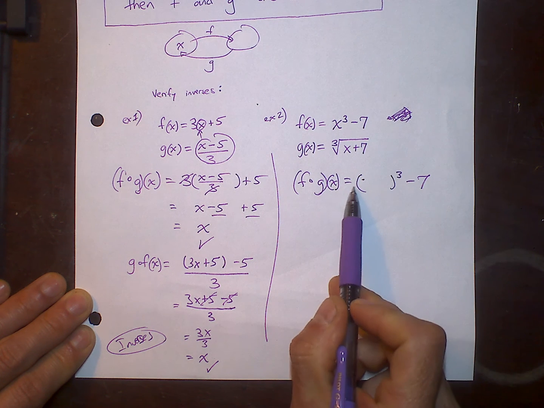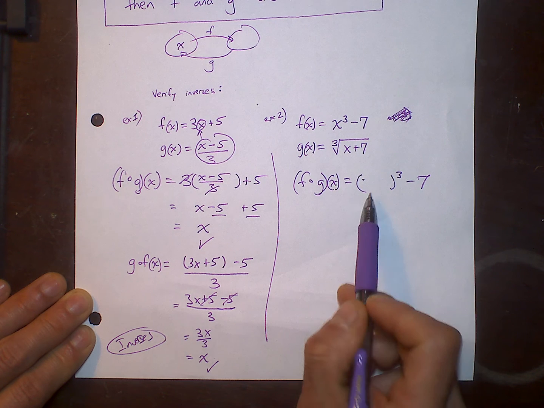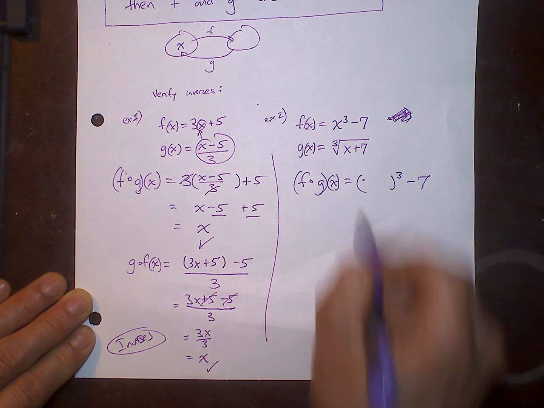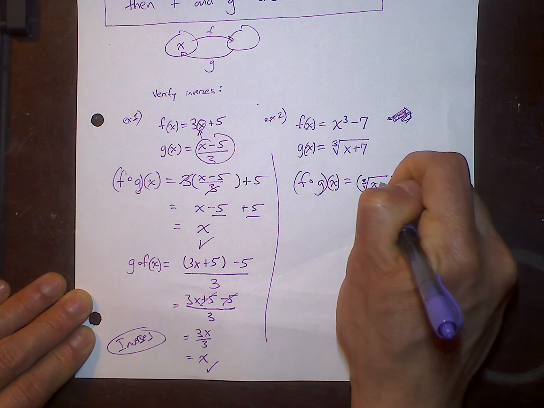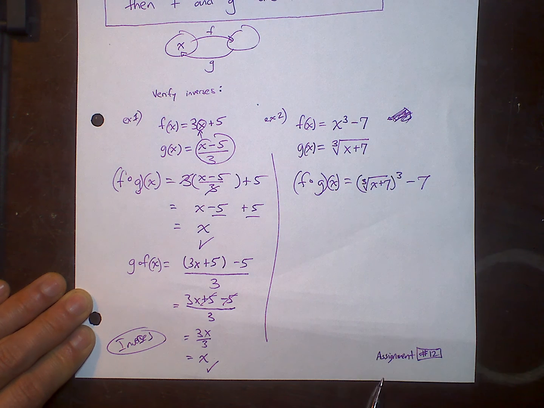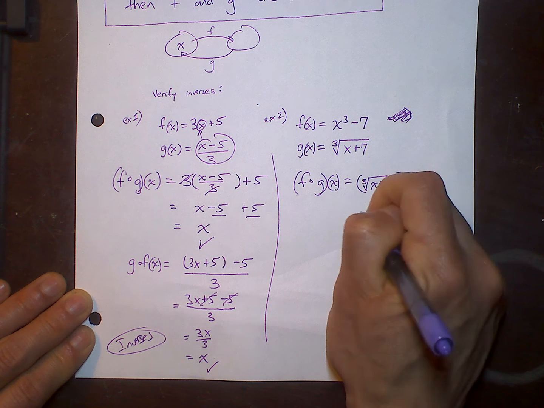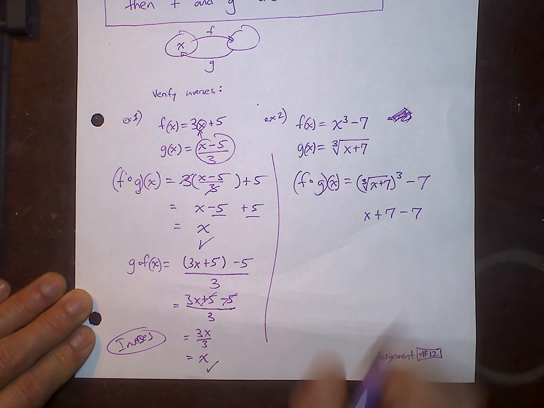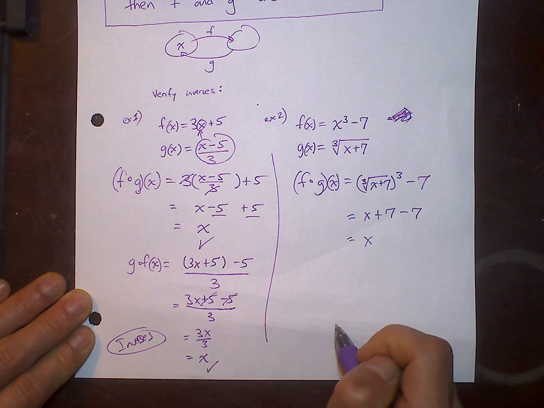Notice I wrote the entire f function, but with the x removed, and then the g function is substituted inside. What cancels first? The cube root and the cube. What cancels second? The addition and the subtraction.